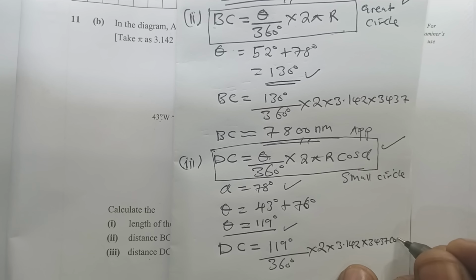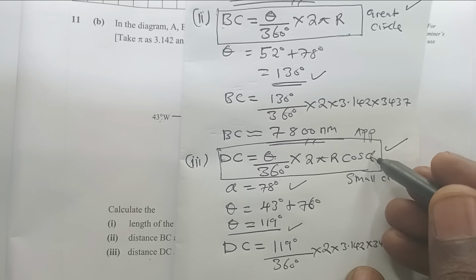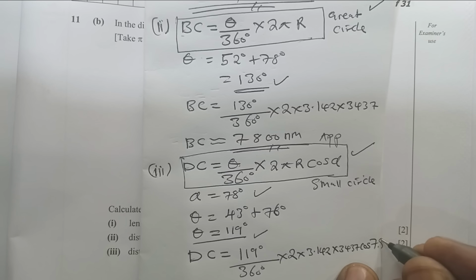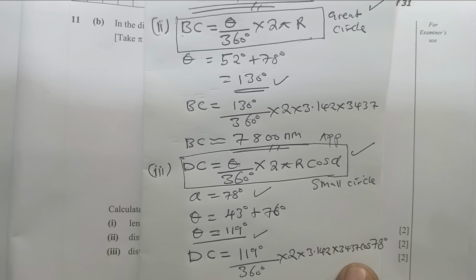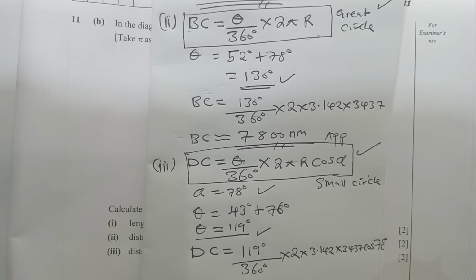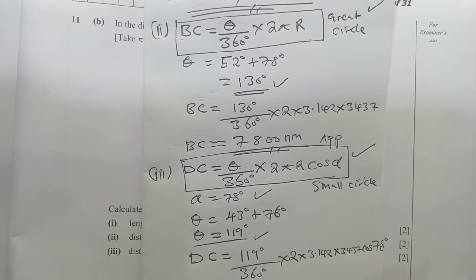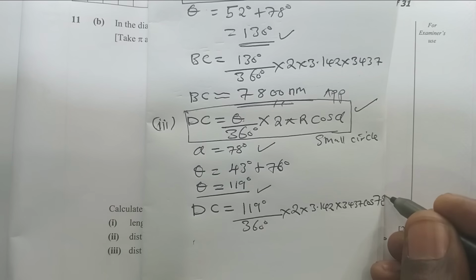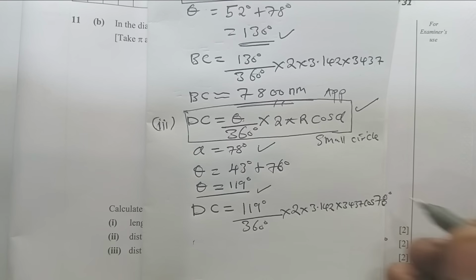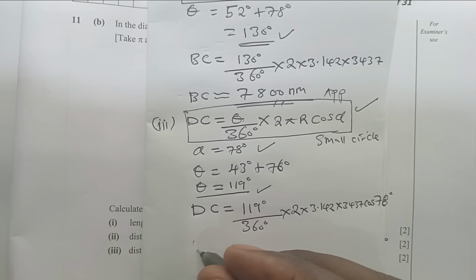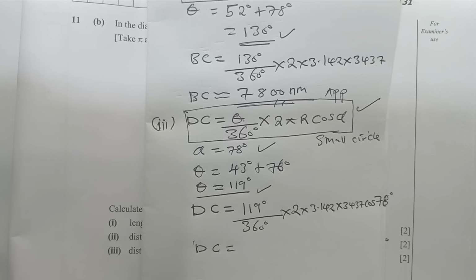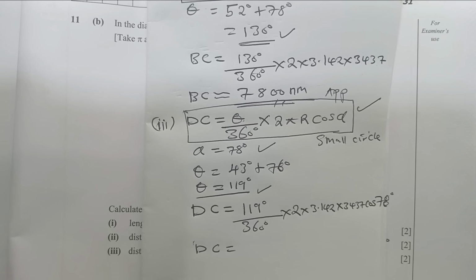Then cos of our alpha, which is 78 degrees. So this is going to be DC is equal to, so again, let's punch these numbers on the calculator and see what it's going to give us.